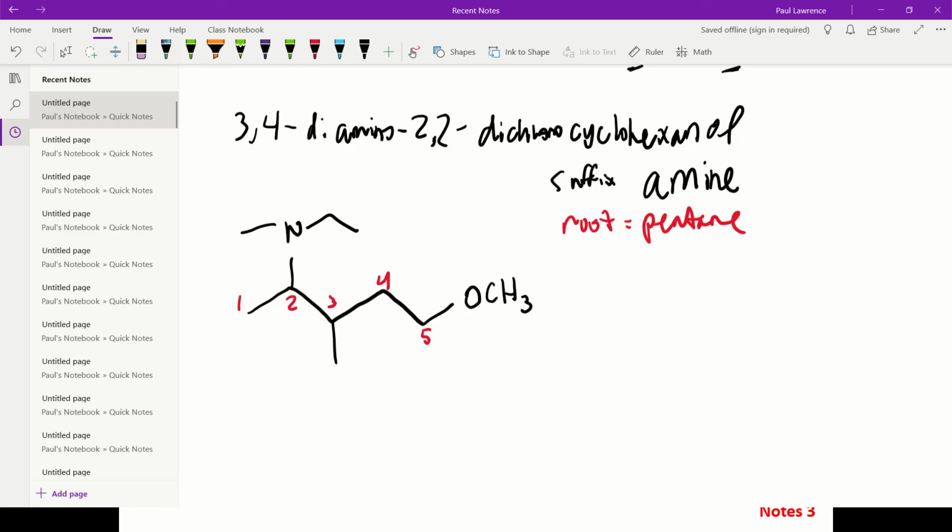Now when you have other alkyl groups on the nitrogen, you're going to treat those as substituents. Okay. And the way we name those, much like let's go back to something that we're familiar with. How would you label that substituent? You would say, hey, that's attached to carbon 3, and I know that substituent is called a methyl.